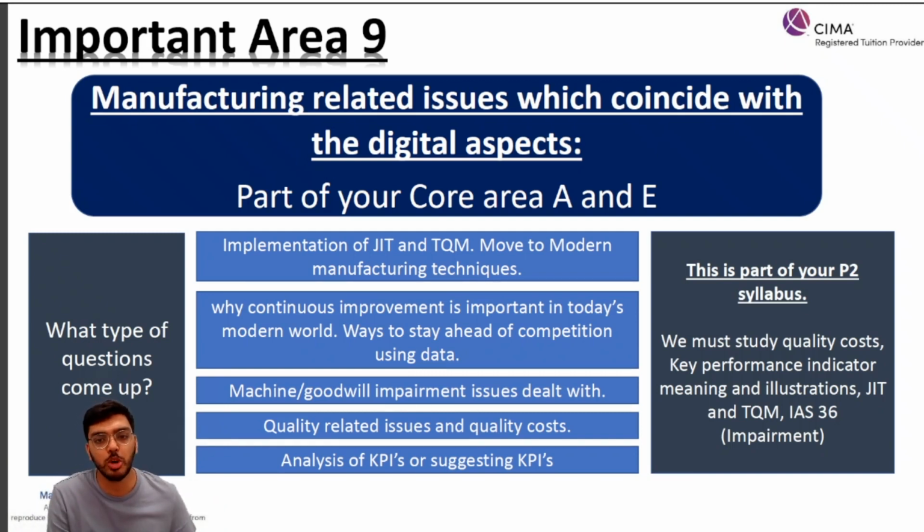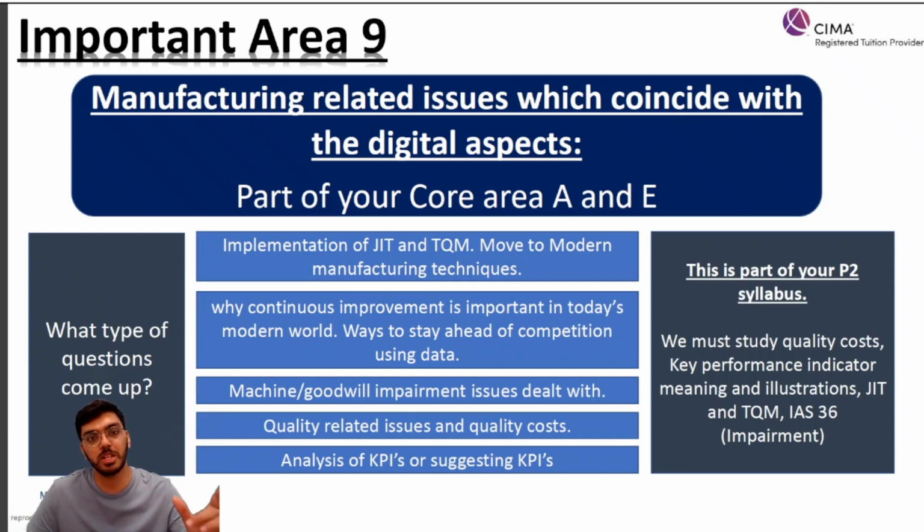Secondly, they can ask you about continuous improvement in today's modern world. How can you stay ahead of your competition using data? So again, the big data perspective is built in over here. Because we are dealing with manufacturing related issues, machine goodwill impairment also comes into the picture. Quality related issues and quality costs are an important topic.